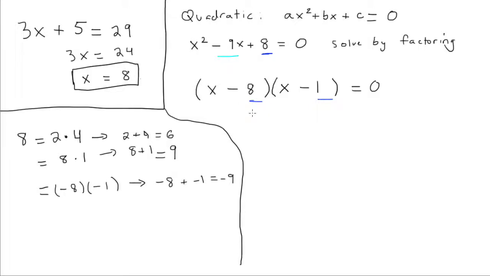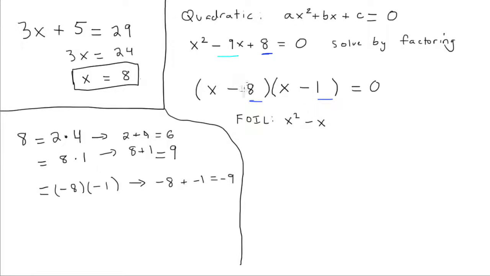Okay, and now let's FOIL everything back out just to double check that we've multiplied correctly, or factored correctly. And so if we do that, the first term we get x squared, so that's x times x is x squared. Then we need to do the outer, which is x times negative 1, so that's minus x.